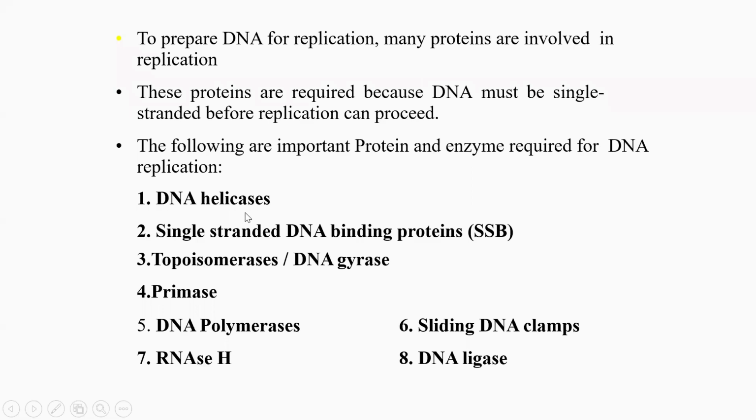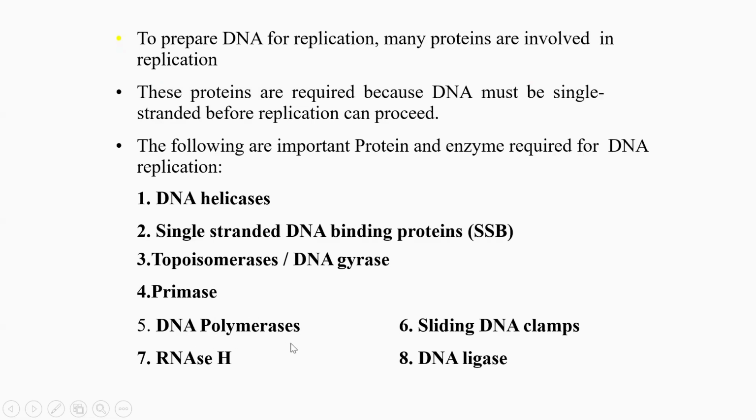Now, which other proteins are required for DNA synthesis? These are the DNA helicases, single strand binding protein, topoisomerases, and so on. Then the primase enzyme, which adds the primer.